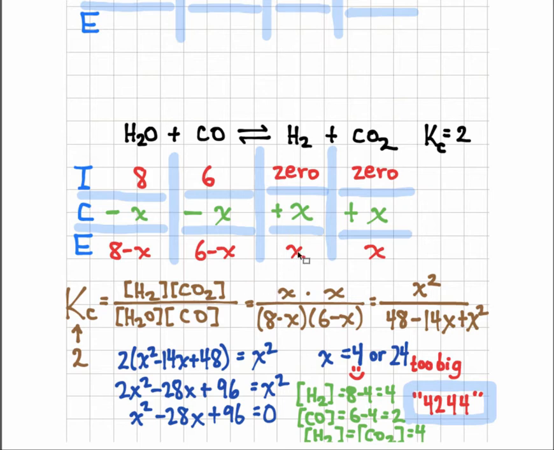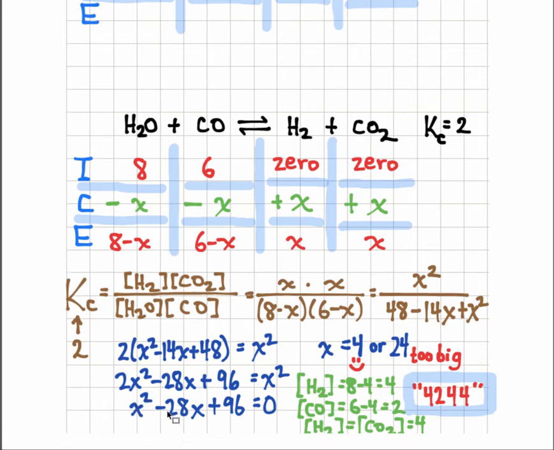So I'll put an x and an x for these two upstairs. I'll put 8 minus x and 6 minus x downstairs. Looks like I have to FOIL that, and the constant is 2, so I'll multiply this times both sides to shift it over to the 2 side, distribute the 2 into the parentheses, and shift the x squared from this side over to this side to come up with your final quadratic expression.